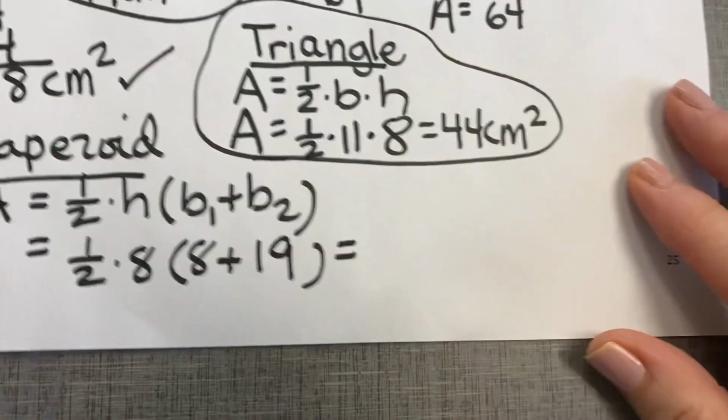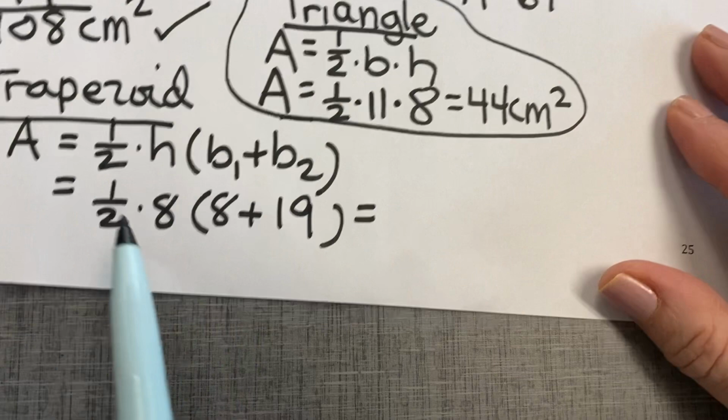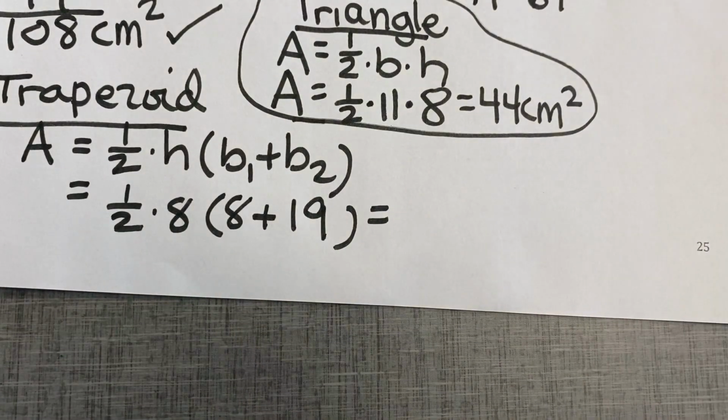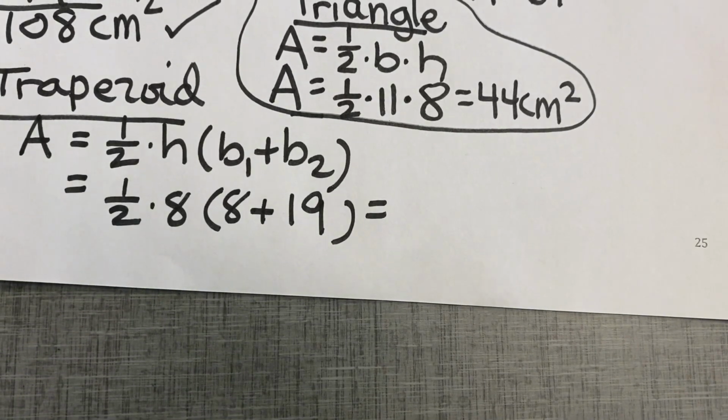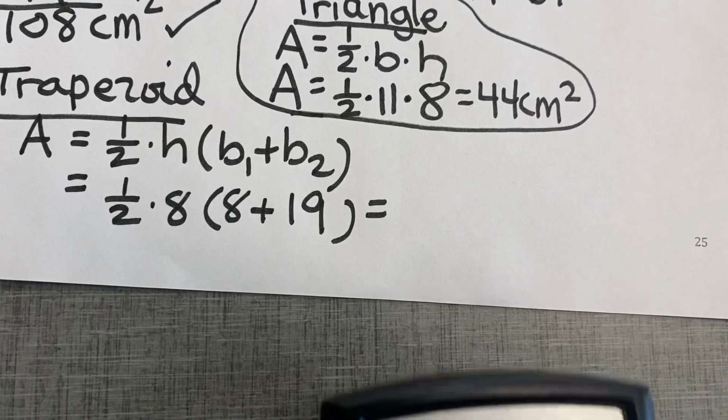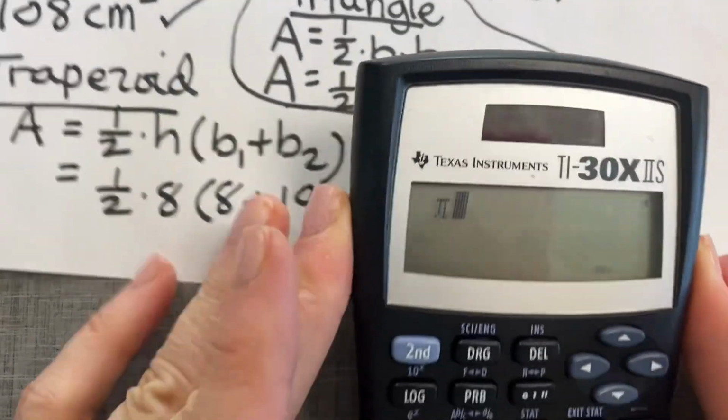And if I do that math, let's see. 1/2 of 8. Well, you guys will probably go to your calculator. Not that you can't do this in your head, because you can. But since we've been practicing our calculator skills, let's go ahead and do it here.